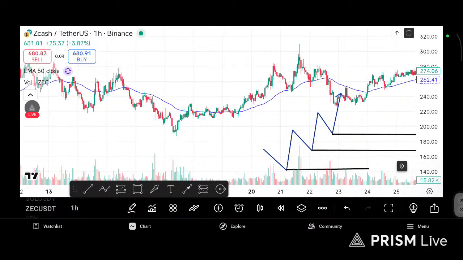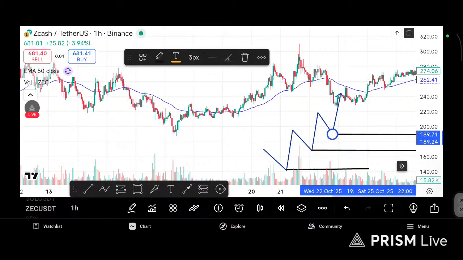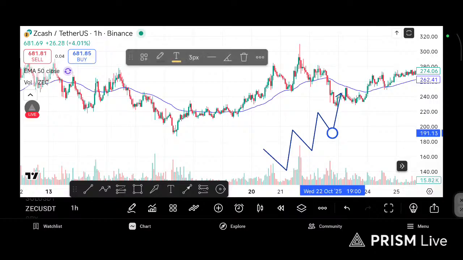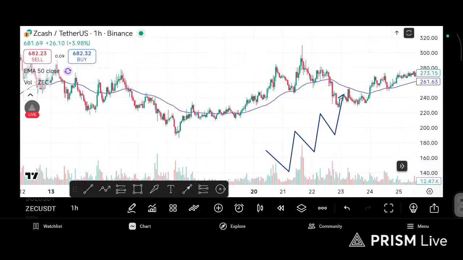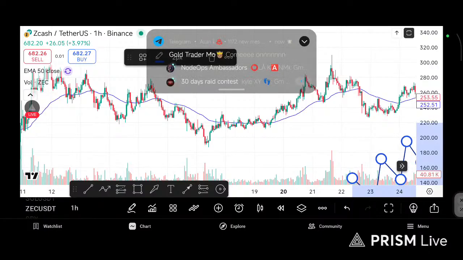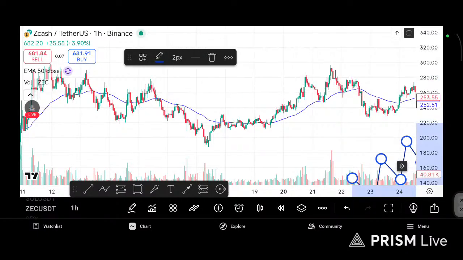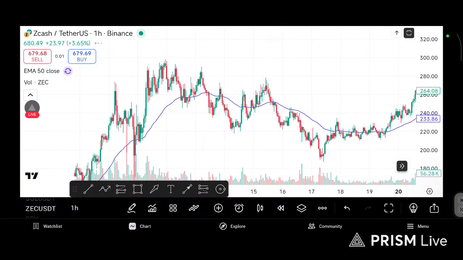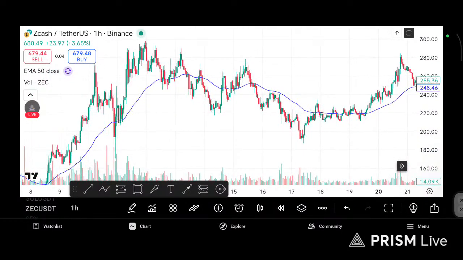Now this same thing that happened here, can we now see it in the main chart? I want to tell you that Zcash is kind of producing.